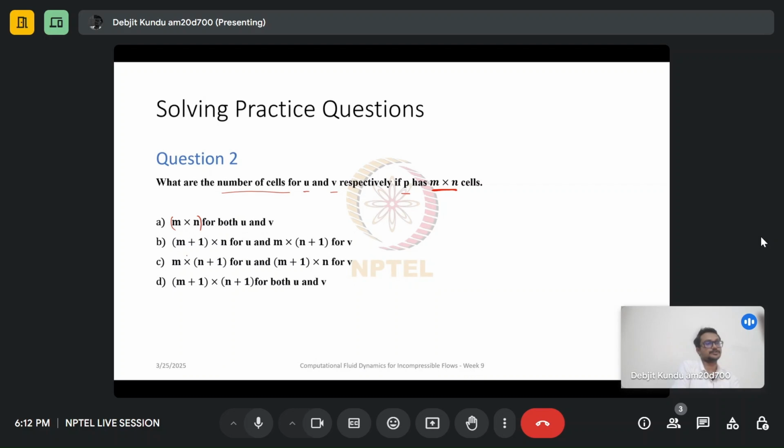Option B says m plus 1 cross n for u and m cross n plus 1 for v. Option C says m cross n plus 1 for u and n plus 1 cross n for v. And option D says m plus 1 cross n plus 1 for both u and v. Again, it's the same for both u and v, but one more each in both directions than p. And this is in the context of staggered grid.